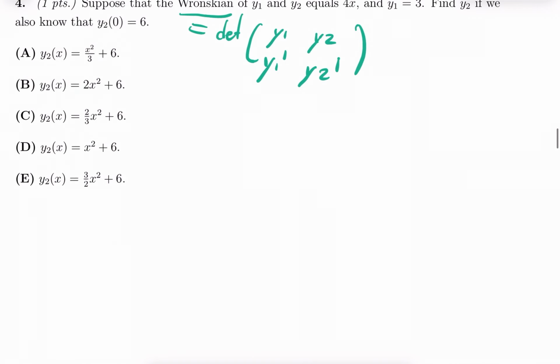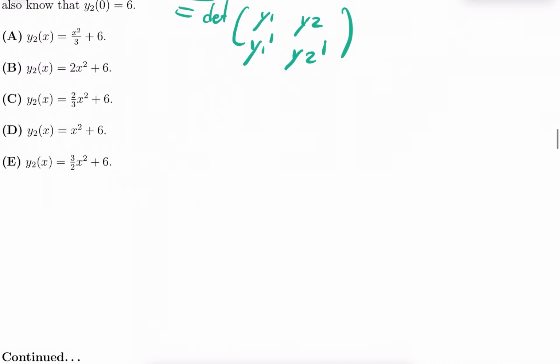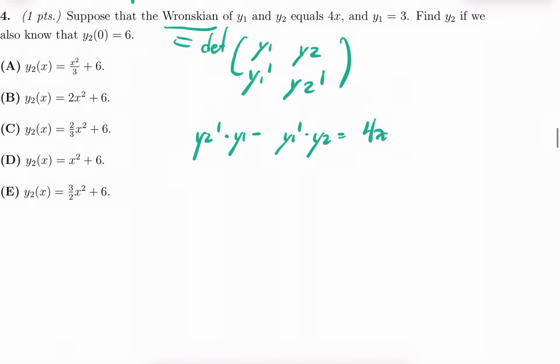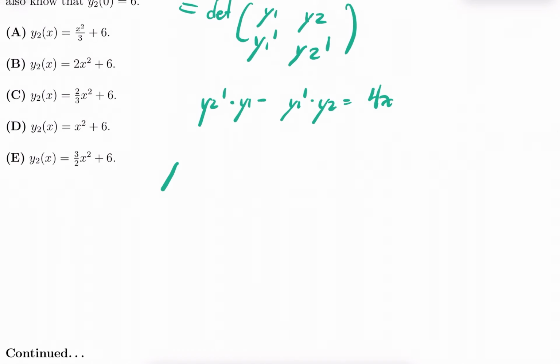They're telling you the Wronskian of y1 and y2 equals 4x. So, this is the Wronskian. They're telling me that y2 prime times y1 minus y1 prime times y2 equals 4x. They're saying y1 equals 3.